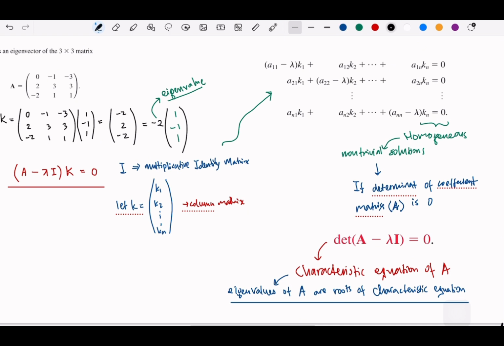So we can solve the system by taking this and perhaps row operations and find the eigenvalue and eigenvector. So that will be next week's discussion.